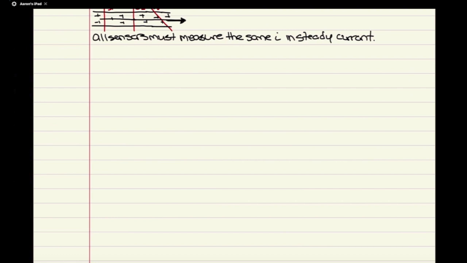Here's the analogy I can think of. In a steady current case, rather than thinking about current, think about traffic. So you've got two intersections, and you have a sensor plopped down here, and a sensor plopped down here, that are measuring the number of cars that are entering and leaving this particular street.